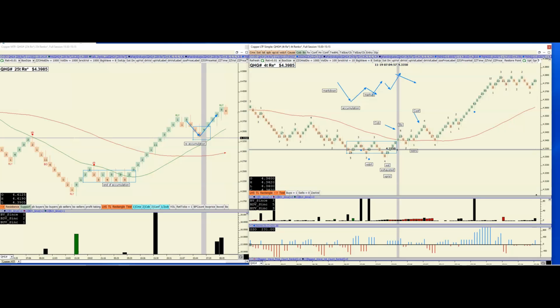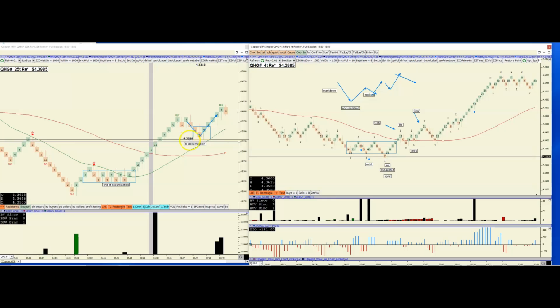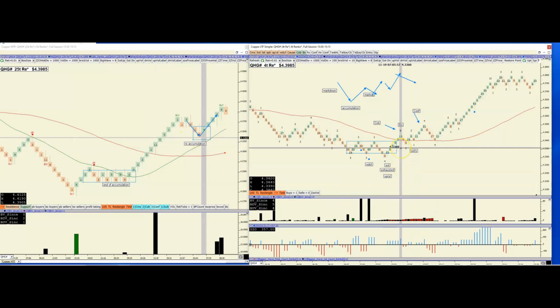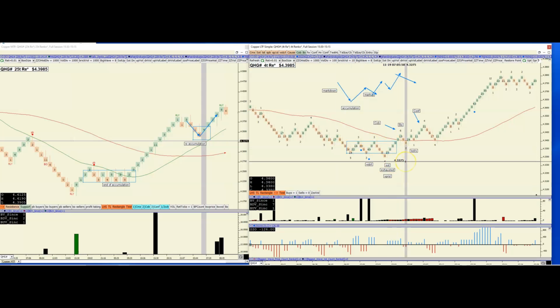And I've explained accumulation as the market is pulling back to a level, the key behaviors that you want to see in the accumulation or reaccumulation, because once you have reaccumulation, what happens?